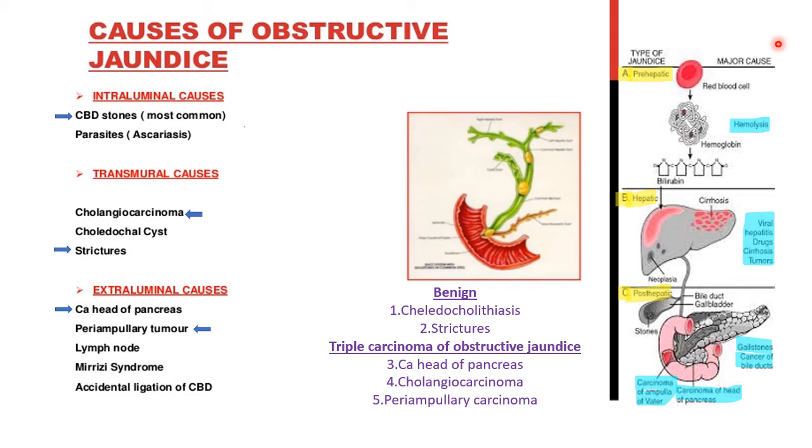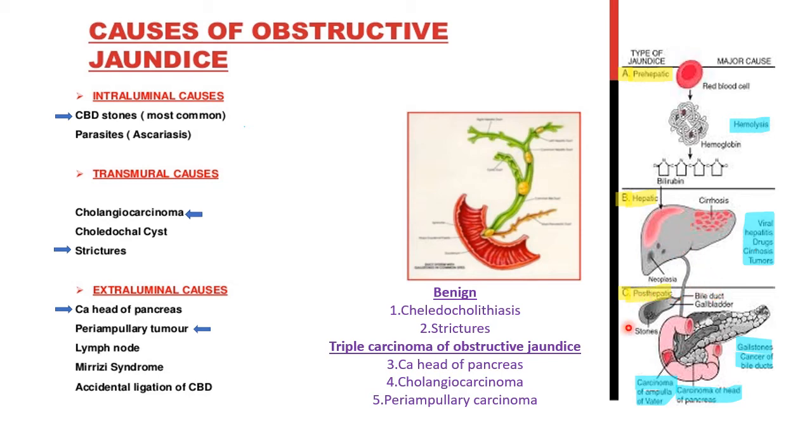This table shows you the prehepatic causes, hemolytic causes, types of jaundice, and the hepatic causes, usually due to cirrhosis or drug-induced or viral hepatitis. These are all tumors of the liver, all hepatic causes, intrahepatic obstruction.